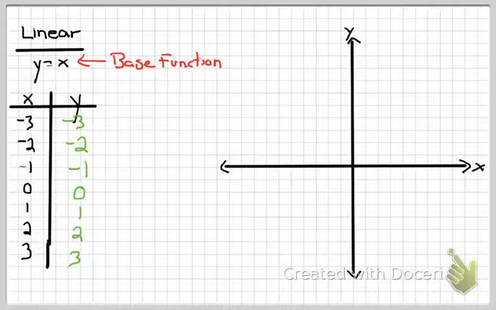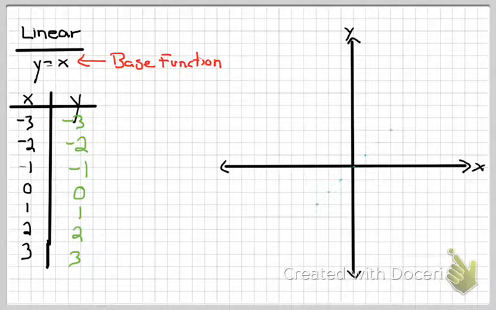Now we can go ahead and graph those points. Our first point is (-3, -3). Remember, left 3, down 3. Next one, (-2, -2), so left 2, down 2. Then left 1, down 1. Then (0, 0), (1, 1), (2, 2), and (3, 3).